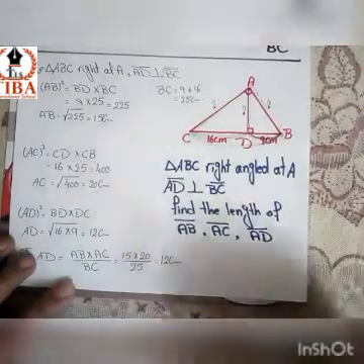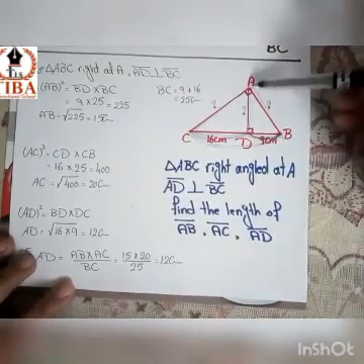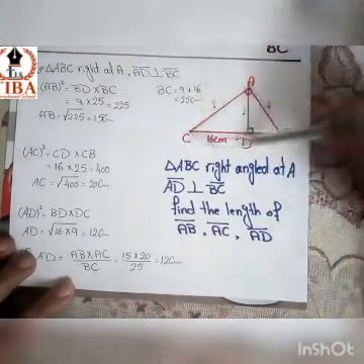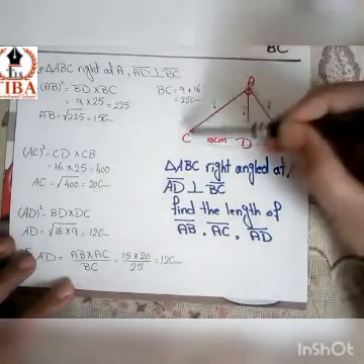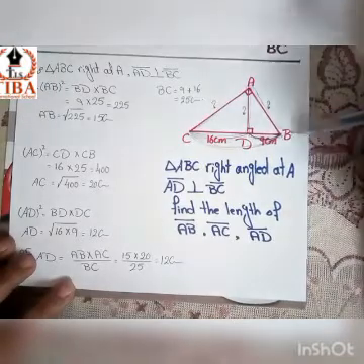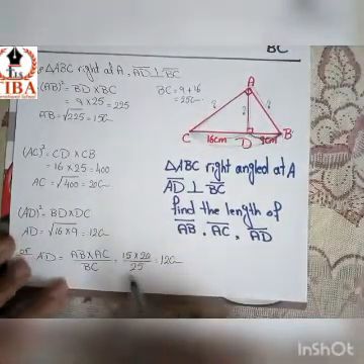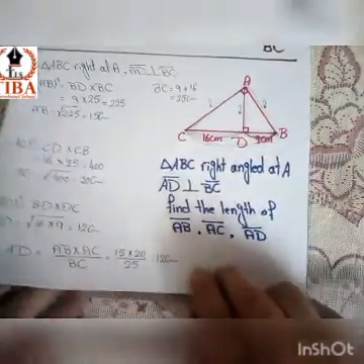And we have another way to find the length of AD by using the rule AB times AC over the hypotenuse BC. 15 times 20 over 25 equals 12 centimeters.